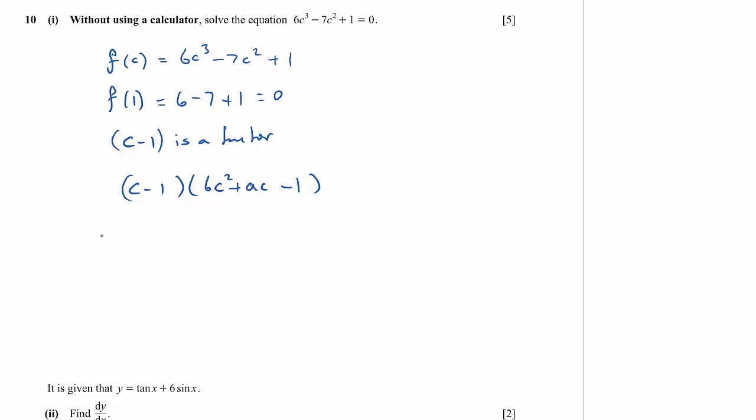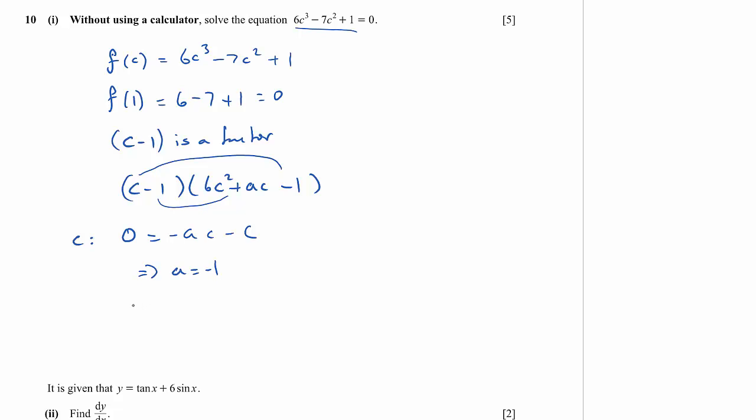So we know, for example, that the coefficient of c is 0 in the original up here. So we can say 0 equals, what's going to give us a c from here? We'll get minus ac minus c. So that tells me that a is -1.